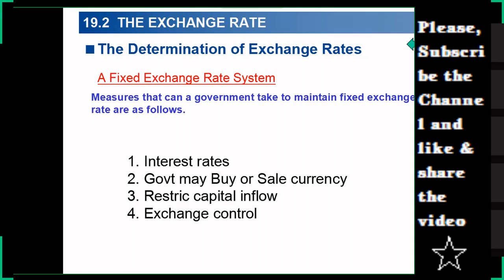So as a result, people may be scared to disclose their disposable income. So this could also be one of the ways through which government would control people from buying foreign currency.